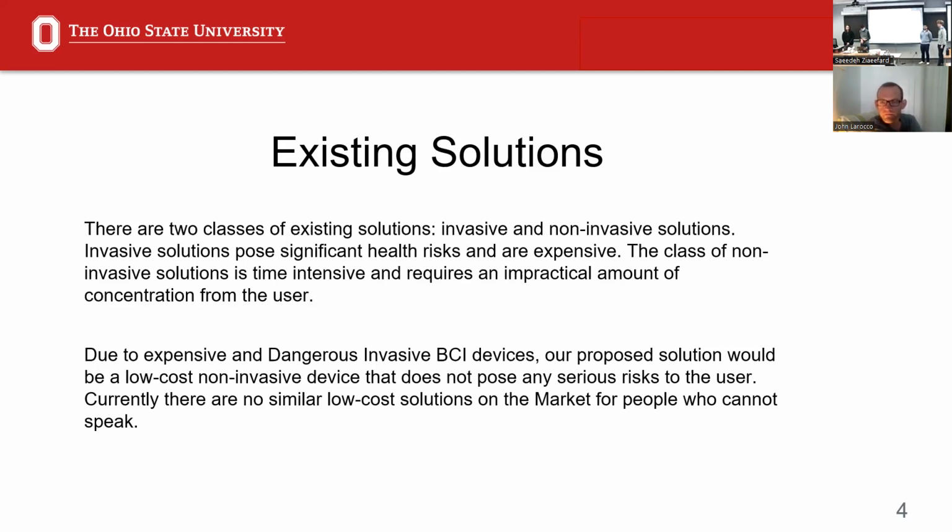So it's not viable for long-term use. Another solution is invasive implants that do pretty much what we're doing, except it's much more expensive, requires surgery, and can lead to health problems from surgery.